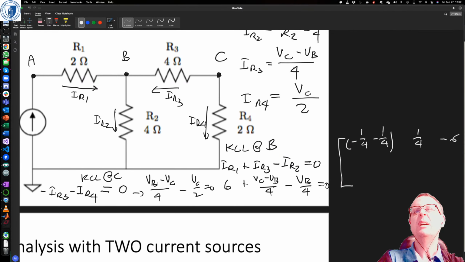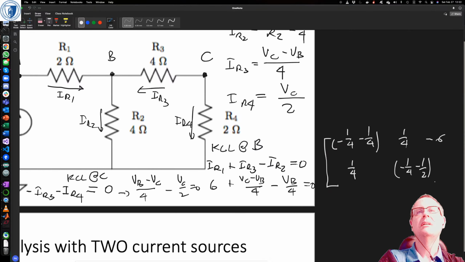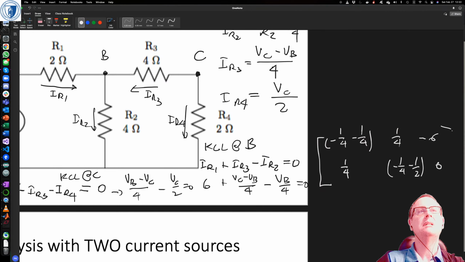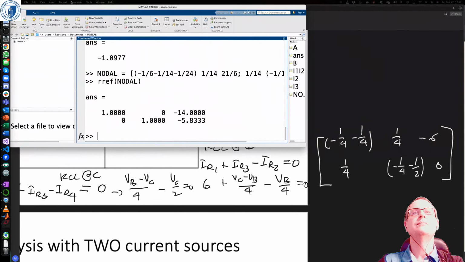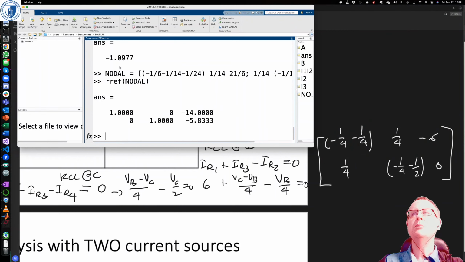And then for this one, there's a 1/4 VB and a minus 1/4 minus a half VC, and then there's a 0. Okay, and we can plug some numbers into that.